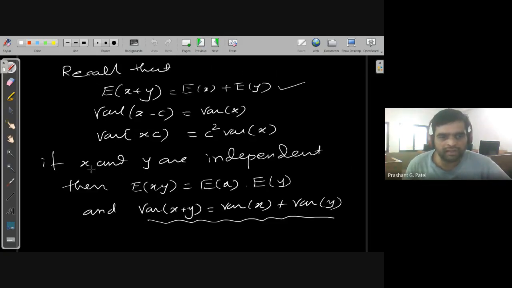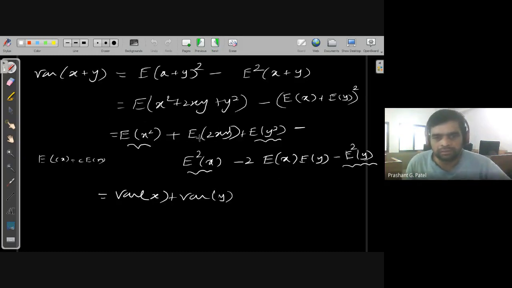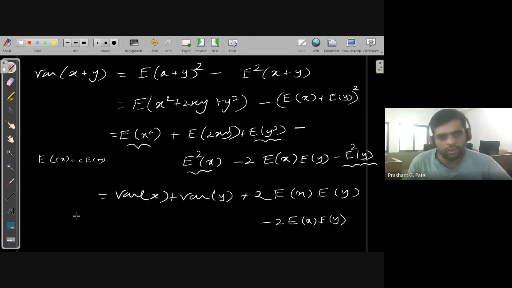Previously you saw that if X and Y are independent, then E of X into Y is E of X into E of Y. So as per that, this quantity is nothing but 2 times E of X into E of Y, and that is exactly the same quantity we have here. So that is why this is variance of X plus variance of Y.